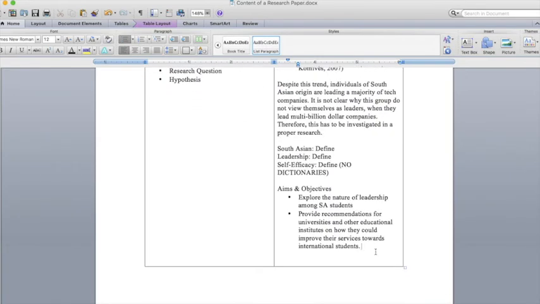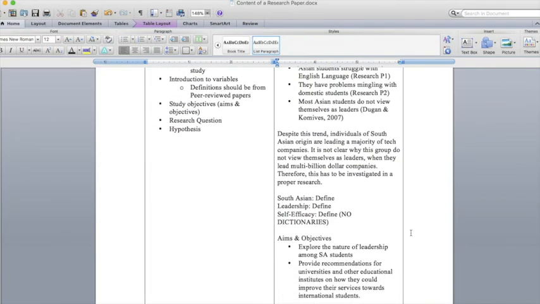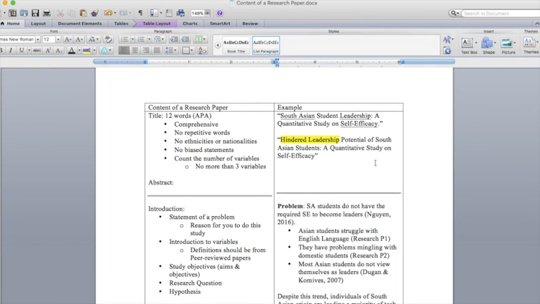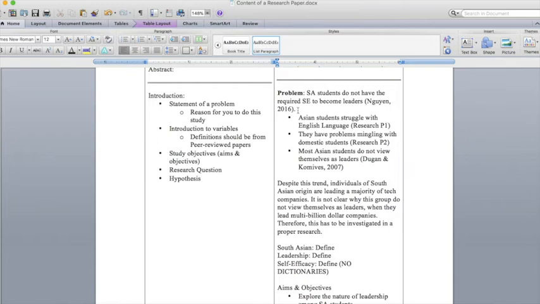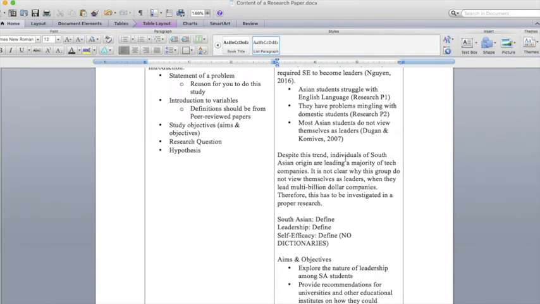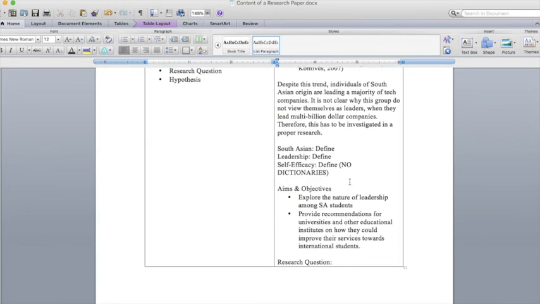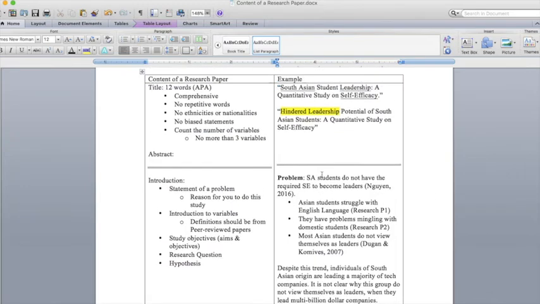Now the next and most important question is the research question. What is a research question? A research question is the same as your title. Here you have given a problem and justified why this problem exists, you have defined the variables, and you have given the objectives. Now you need to give a research question, because it is this question that you are going to find answers to.